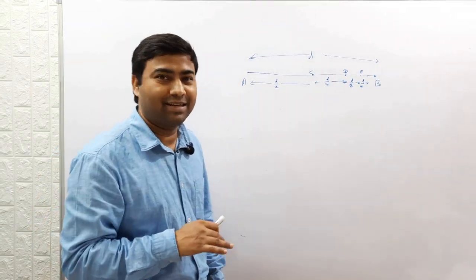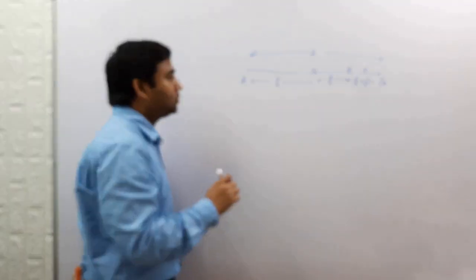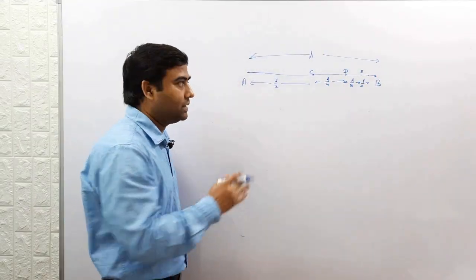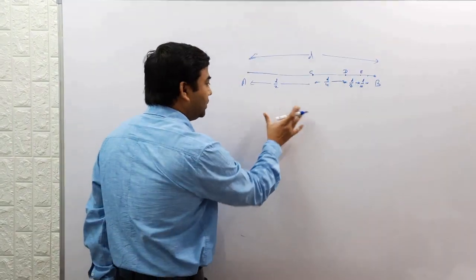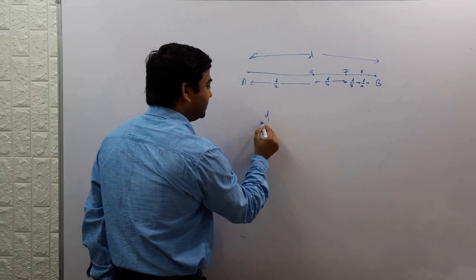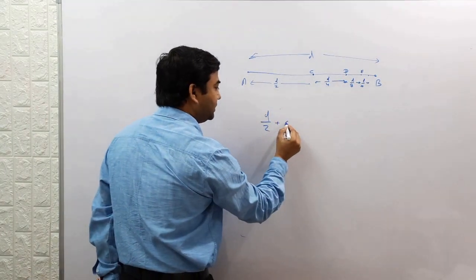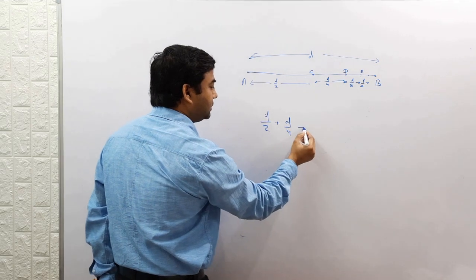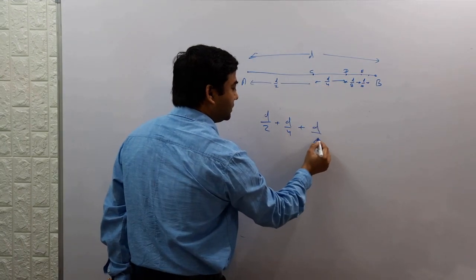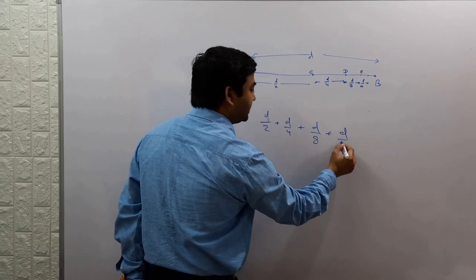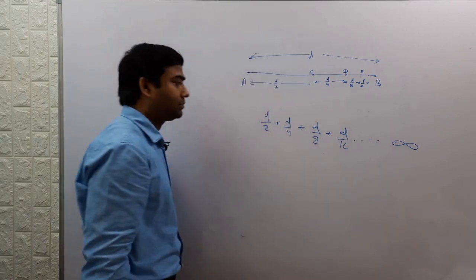What were they lacking? Presently we know a person can reach from A to B, and how. First of all, the person completes distance D by 2, then distance D by 4, then D by 8, and then D by 16, and so on up to infinite steps.